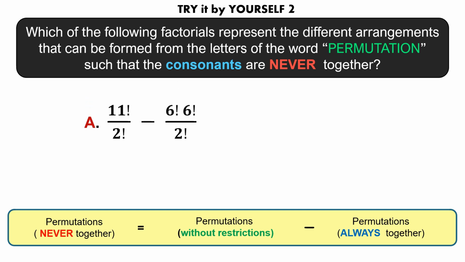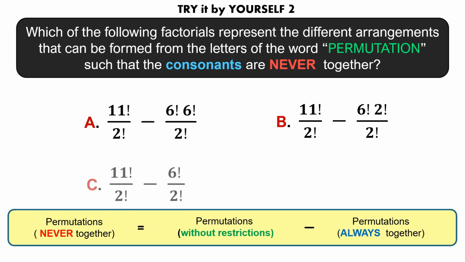For letter A, 11 factorial divided by 2 factorial minus 6 factorial times 6 factorial divided by 2 factorial. Letter B, 11 factorial divided by 2 factorial minus 6 factorial times 2 factorial divided by 2 factorial.